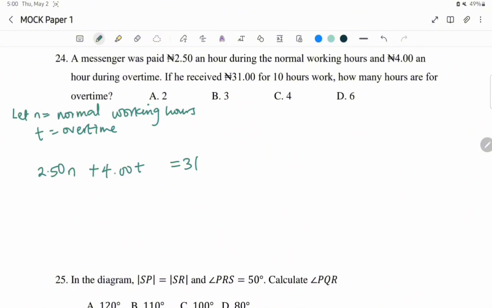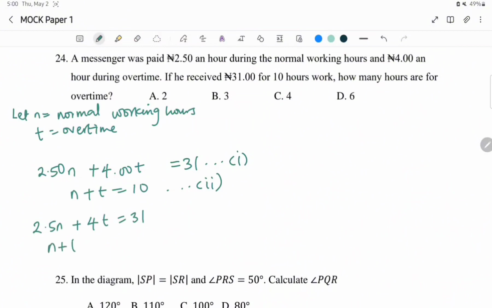That's how we get the 31 naira. And we are also told that he worked for 10 hours to get that 31 naira. That means n plus t equals 10. Let's say this is equation 1 and this is equation 2. Let me rewrite equation 1. It is still the same as 2.5n plus 4t equals 31.